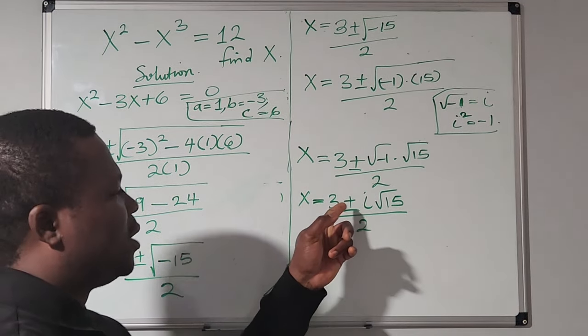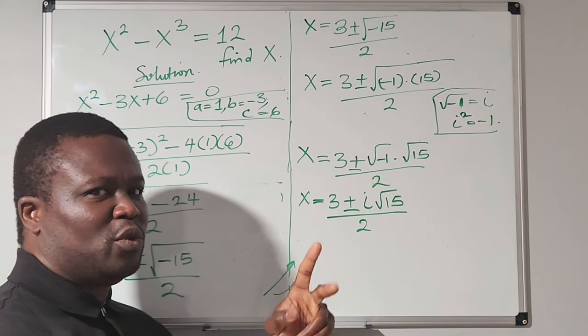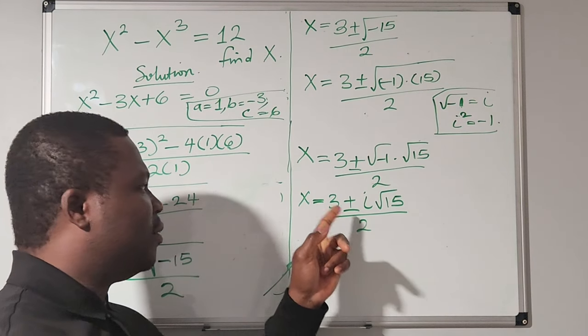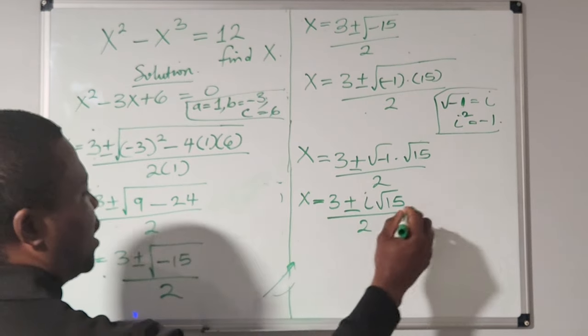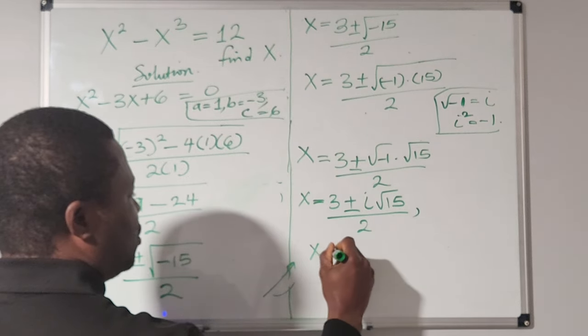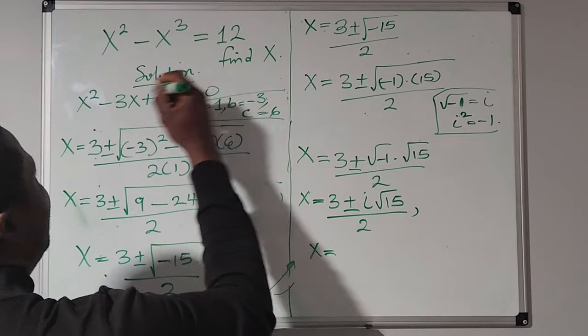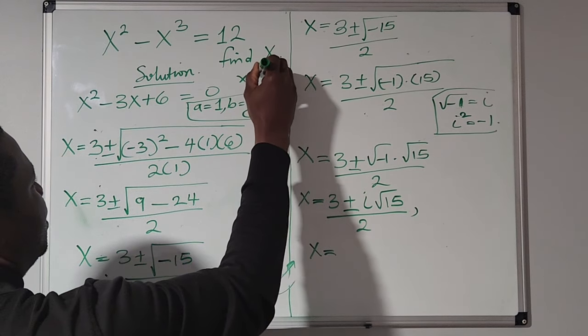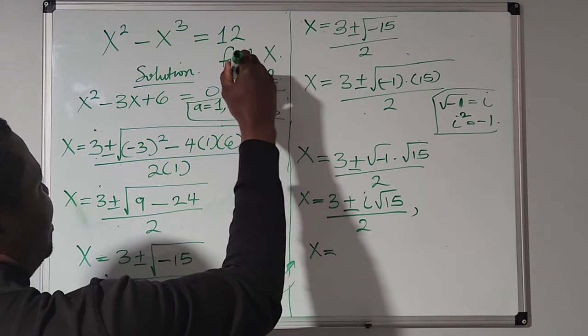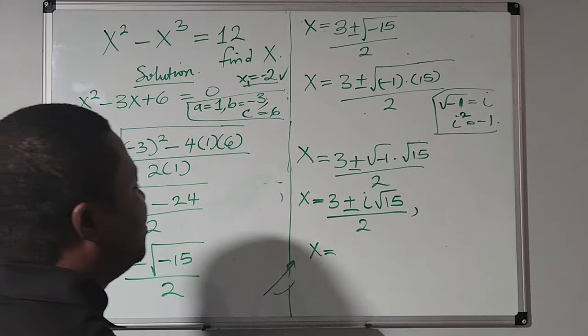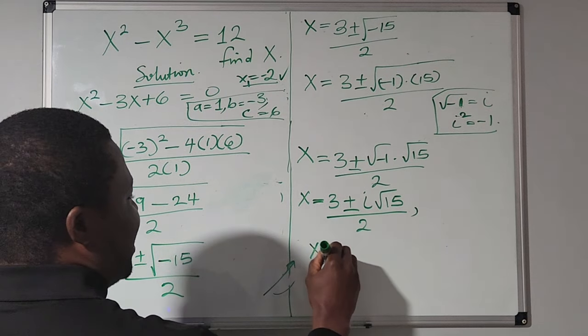So because we have a plus or minus there, we have two answers for this value of x. So it becomes x is equal to this. The first value we got was x equals minus 2. That was our x1, first answer. And let's say this is x2.